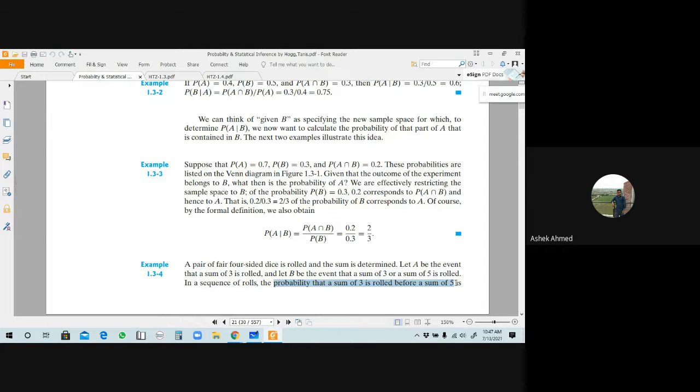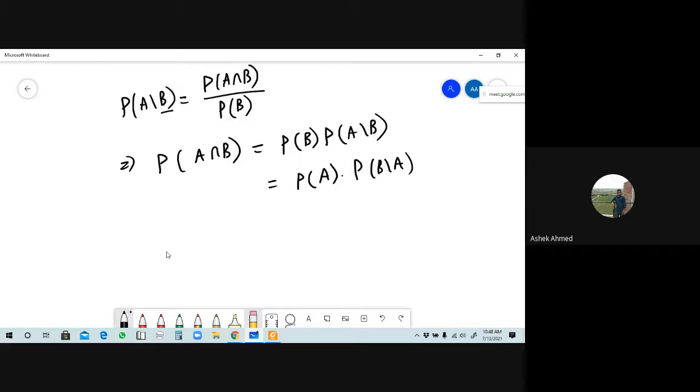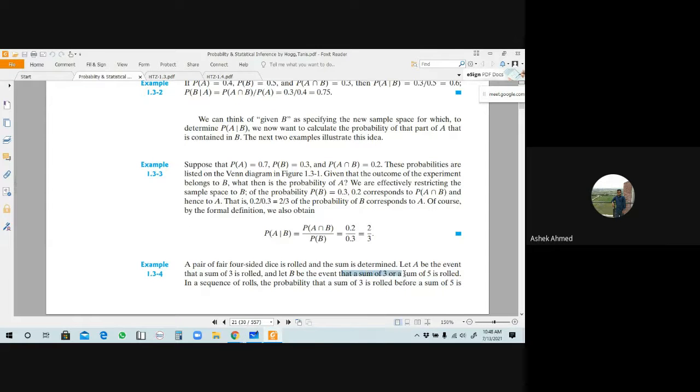From this line we can say that here we have to find out the probability of A given B. Here A represents that a sum of 3 is rolled, turns up, and B represents that the sum of two components will be either 3 or 5. In that case we can say that is the event B. Since it says the probability that a sum of 3 is rolled before a sum of 5, before means here that this is given.